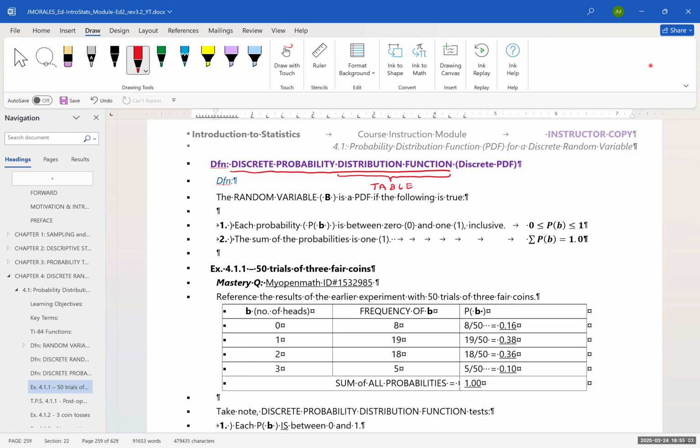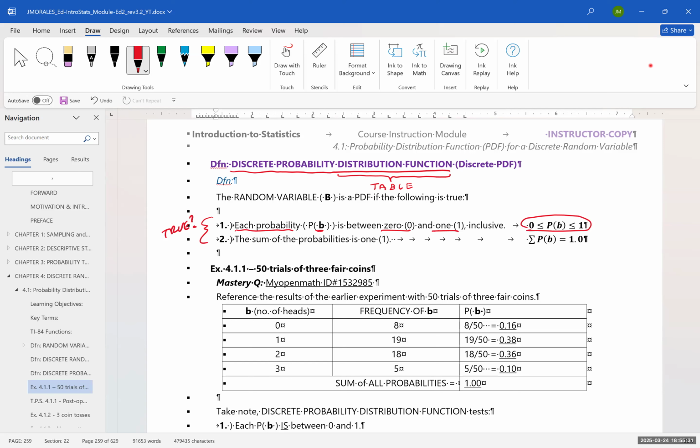Now, for a random variable and a table to qualify as a distribution function, these following two conditions have to be true. The first is that each probability for each element of the domain of our random variable has to be between 0 and 1.